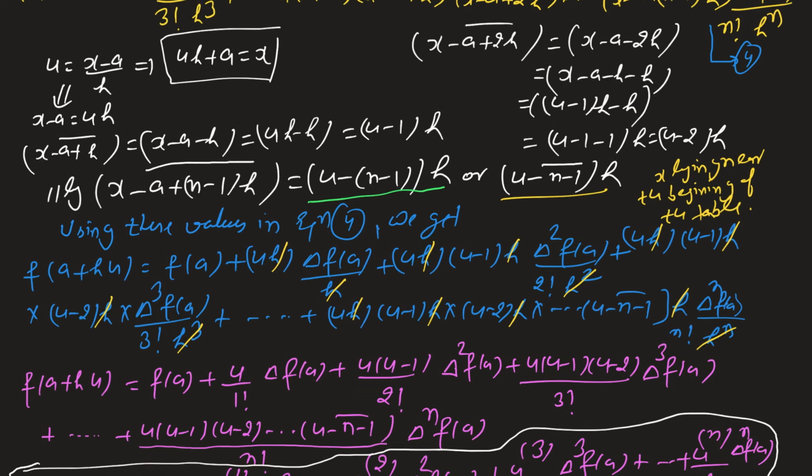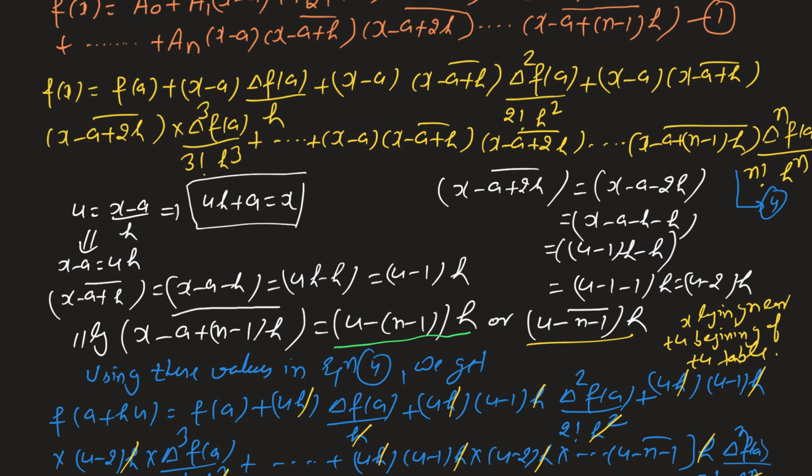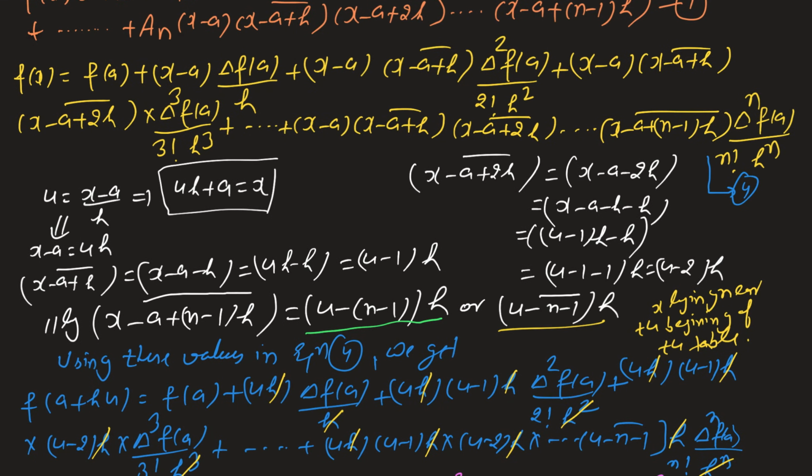Or you could also write if x is lying near the beginning of the table, then f of x is given by this one. You could also write this formula also. So this will be the statement. If in the examination it is asked that state and prove, then firstly you will state that if x is lying near the beginning of the table, then this f of x is given by this one.